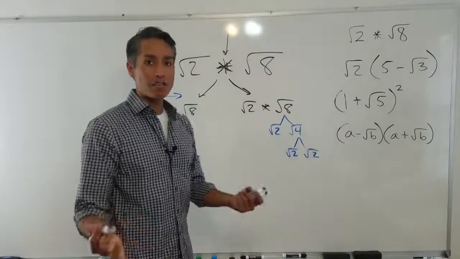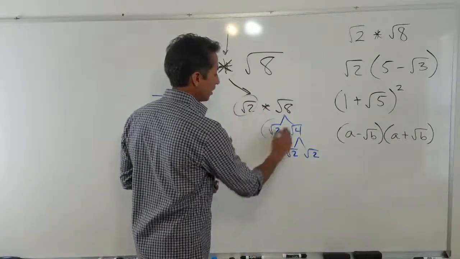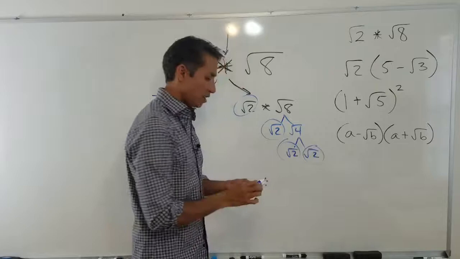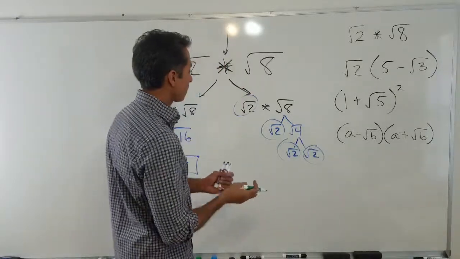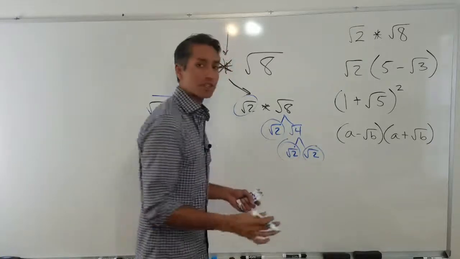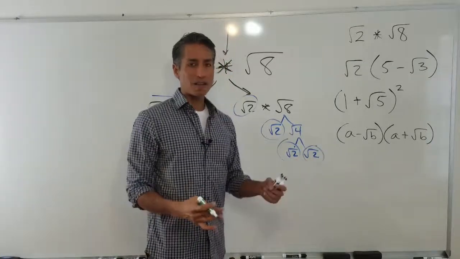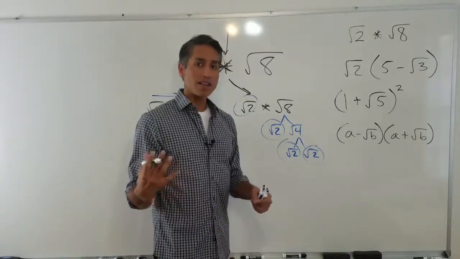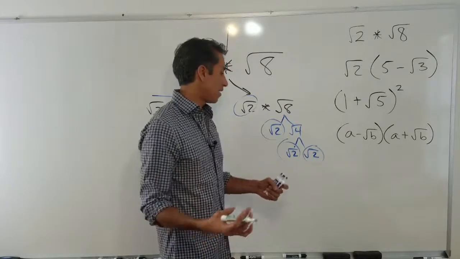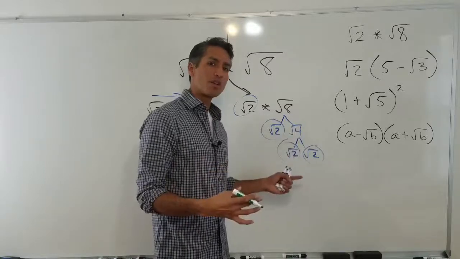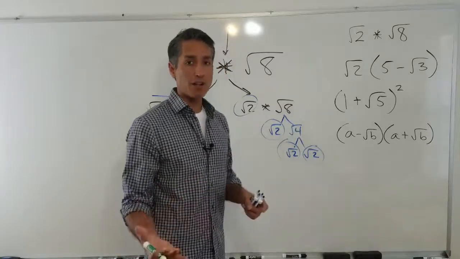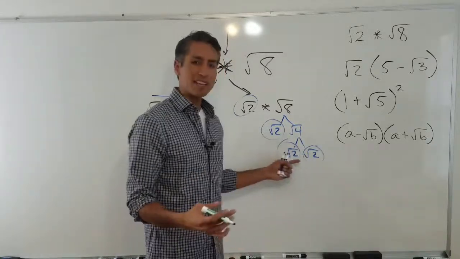The way I always phrase it with my students is when you have a double, like right here we have two square roots of 2. We've already talked about this in the previous lesson, so I don't want to go over it too much again, but when you have a square root of 2 times a square root of 2, or a square root of a number times the square root of itself, then the square roots cancel out.